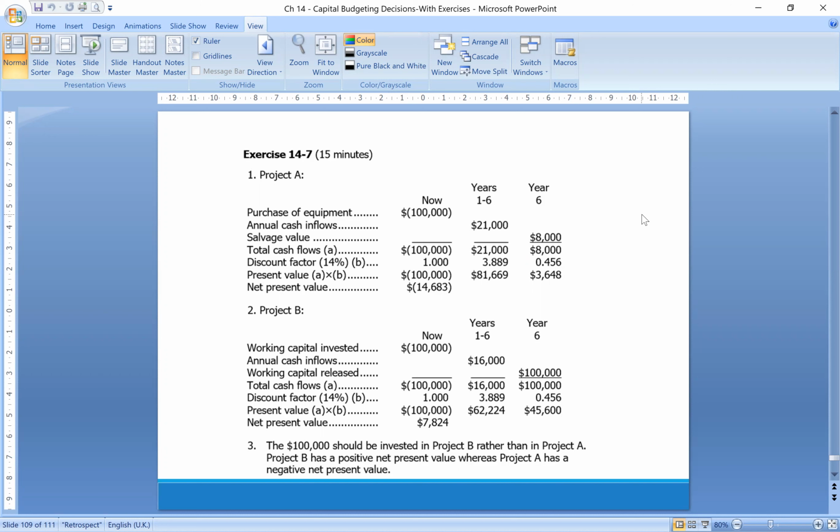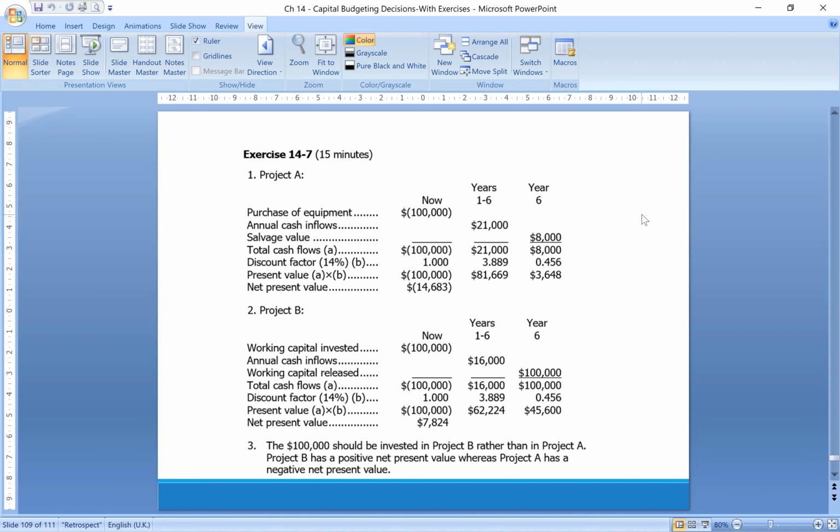Annual cash inflows from year 1 to 6, right? We are expecting 21,000 for 6 years. So we need a factor from table 2, which is the conjunction between what? 14 and 6.